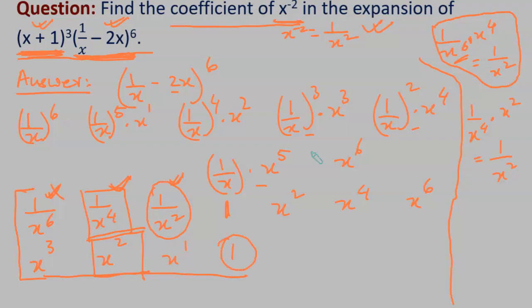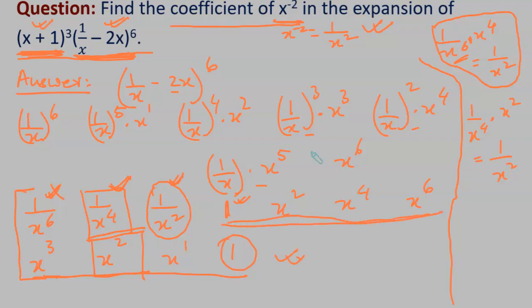Okay. And if we take this constant term, this should get multiplied with 1 over x to the power of 2, but we do not have any term which is having an x or anything in the denominator, okay, for this expansion.